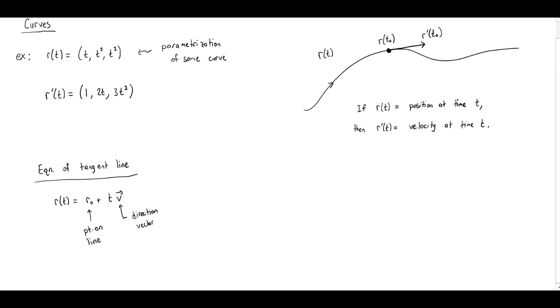So let's say I want the tangent line to my curve at the point r of t0, like at this point right here on the curve.